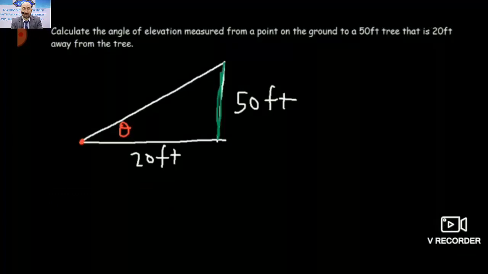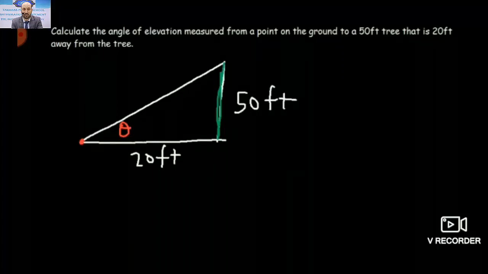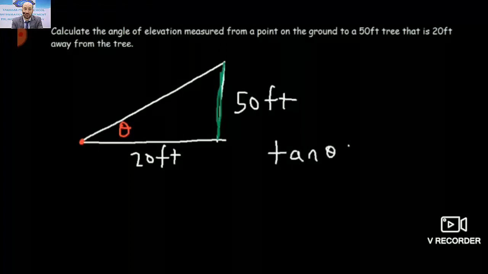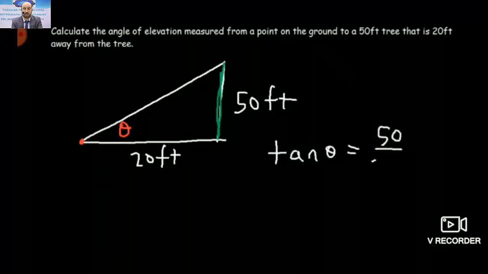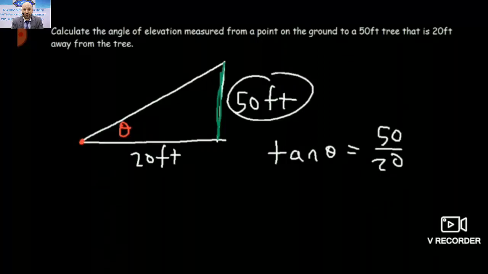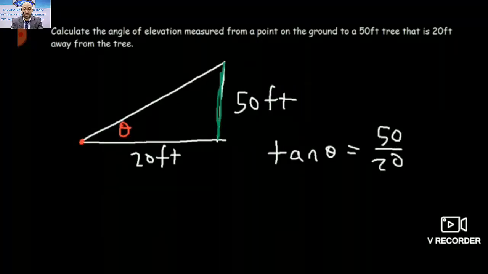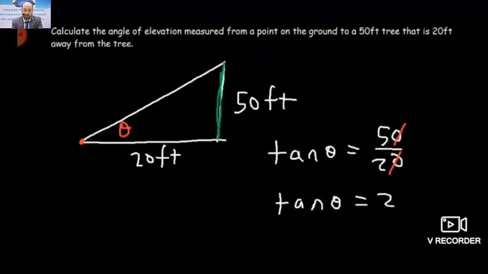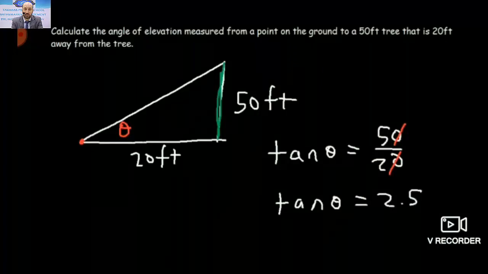And now again we are going to make a relationship between what we have and what we want. We want to find the angle theta, and we have the opposite 50 and adjacent 20, so the relation is tan theta equals 50 over 20, opposite over adjacent. By simplifying, we will have tan theta equals 5 over 2 or 2.5.